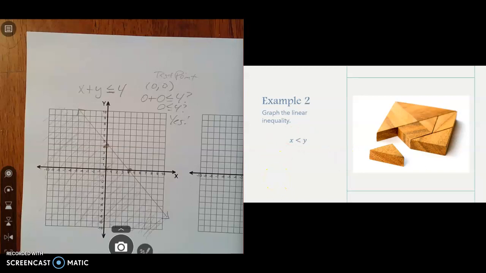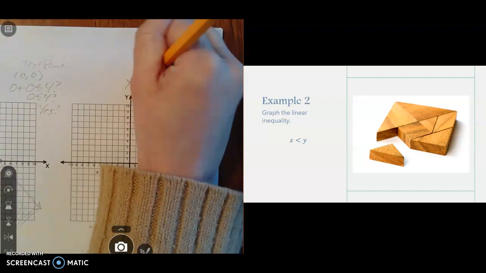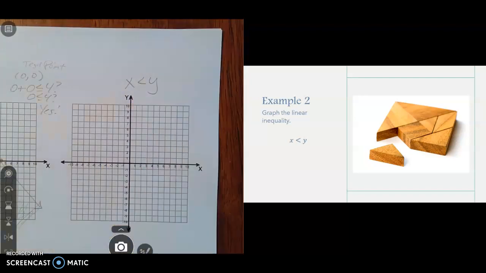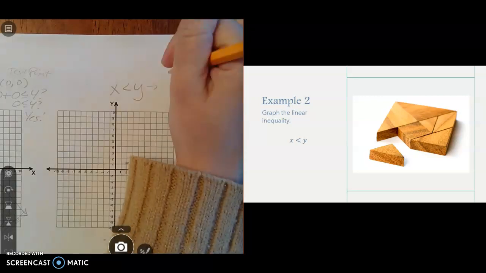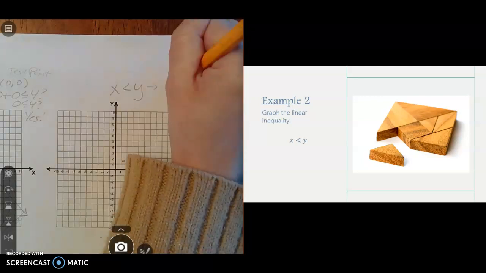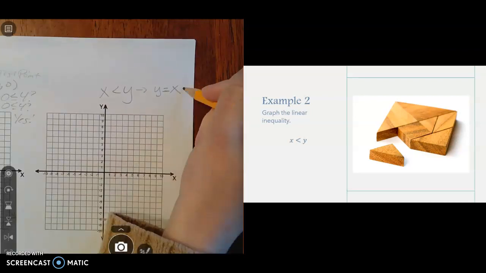The next example I have for you is x is less than y. Okay, well if I had the equation x equals y, I would probably rearrange it as y equals x. Just switching sides because I kind of like that y equals mx plus b format that helps me to graph. So y equals x would have a y-intercept of 0.